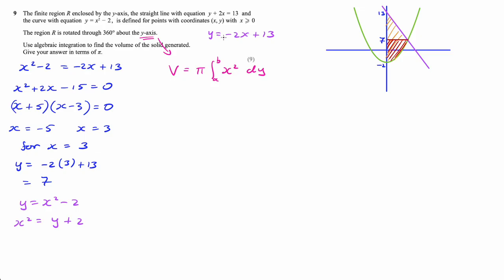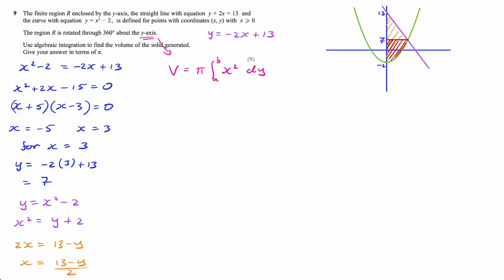And then for the straight line, I can get 2x, let's do this with a different color. Okay, I can say 2x equals 13 minus y, and then x equals 13 minus y over 2.